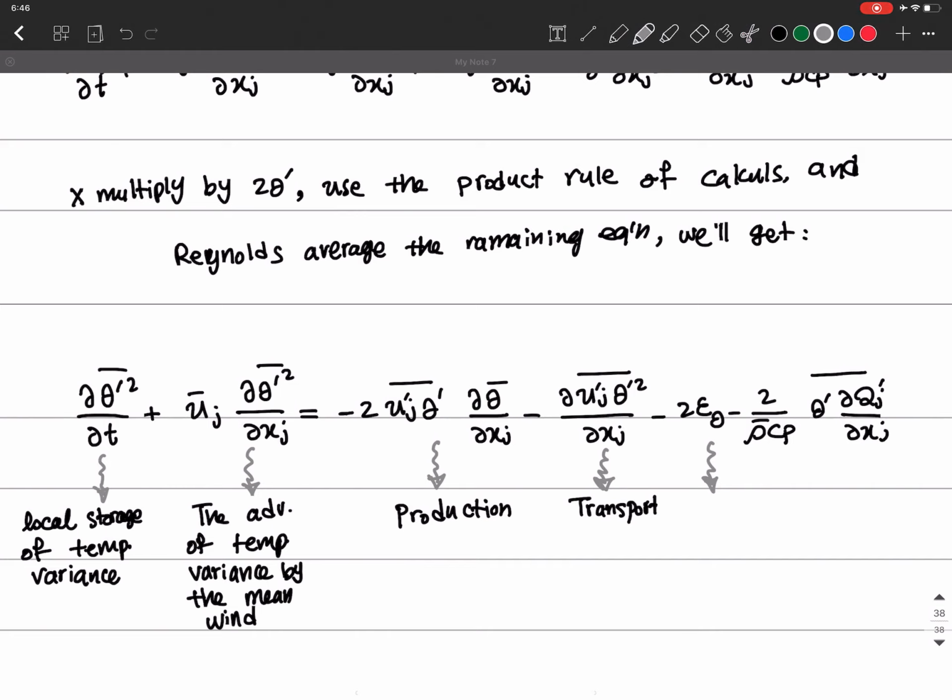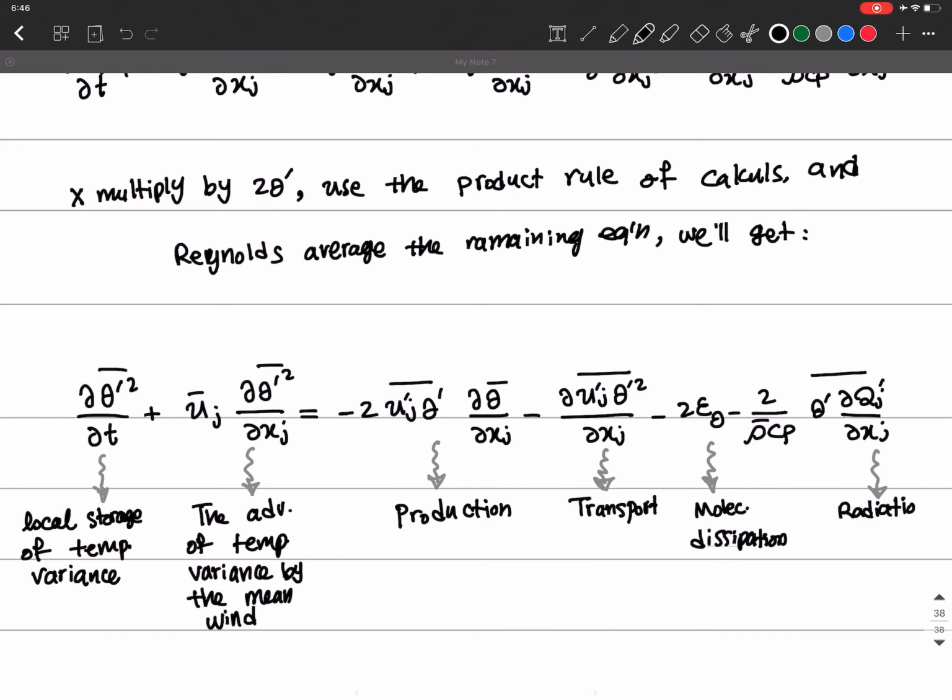This term is actually the molecular diffusion or dissipation, molecular dissipation of this TPE budget. What does the last term represent? This is also a dissipation term, but radiation dissipation.